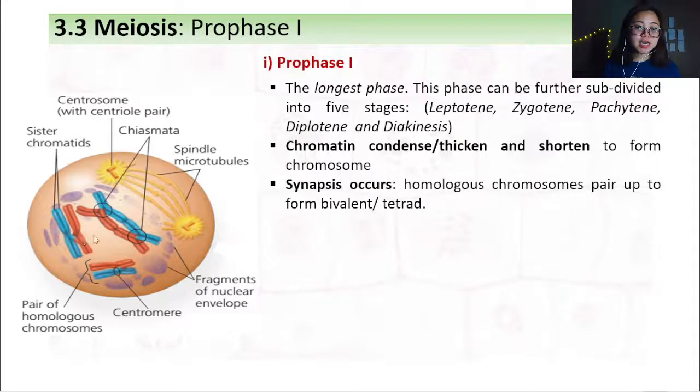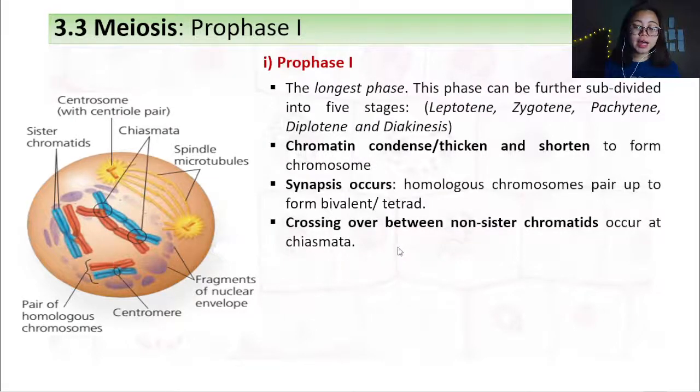Dia mula berpasangan dan akan ada crossing over. There will be crossing over between non-sister chromatids which occur at chiasmata. Apa tuh chiasmata? Chiasma, satu crossing over. Chiasmata, 2, 3, 4, 5, lebih dari satu crossing over.